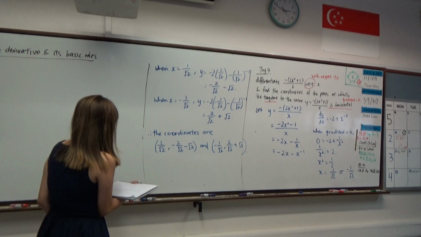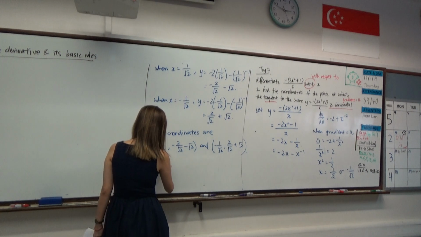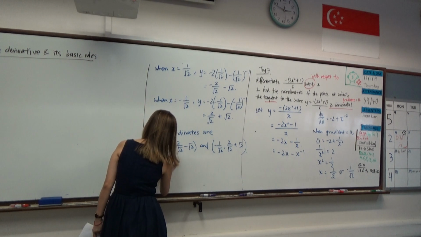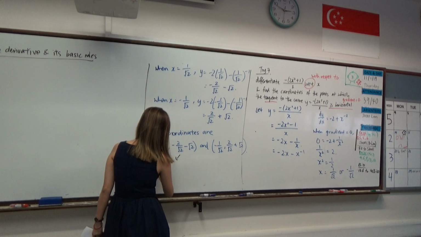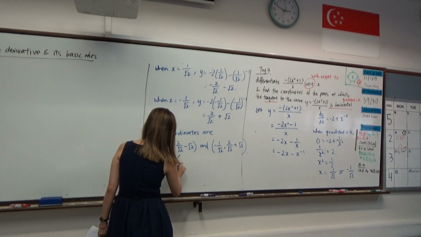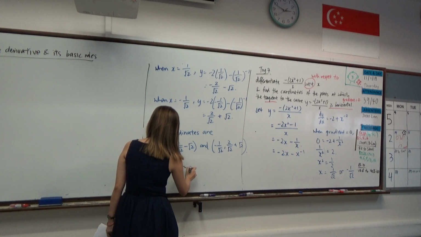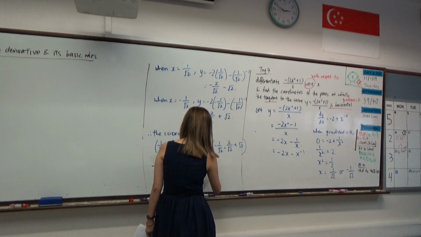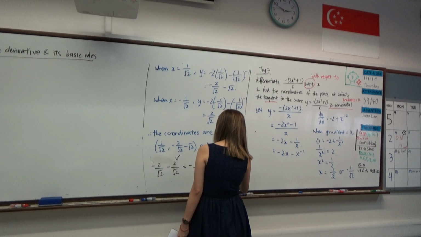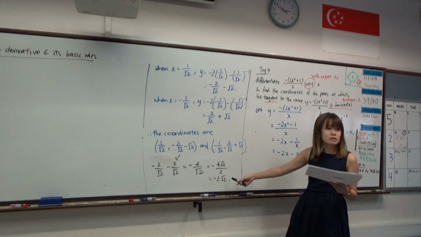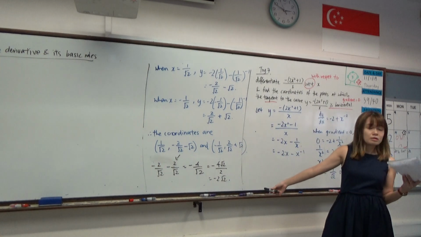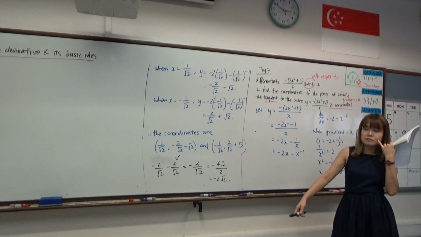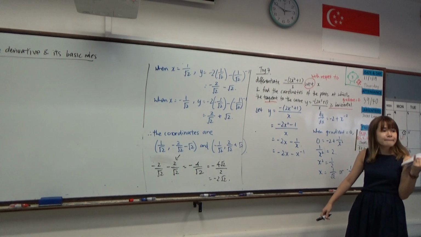Oh, actually it's just a lack of simplification. Textbook says negative 2 square root 2, right? So it's just a lack of simplification.